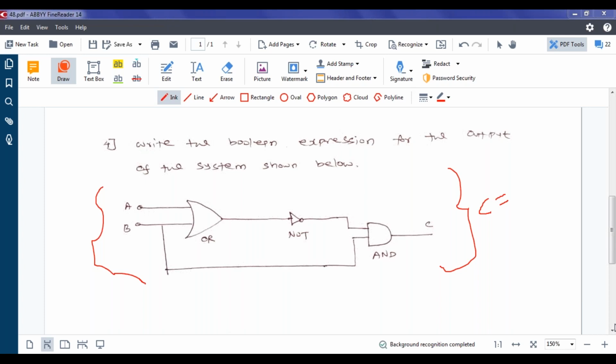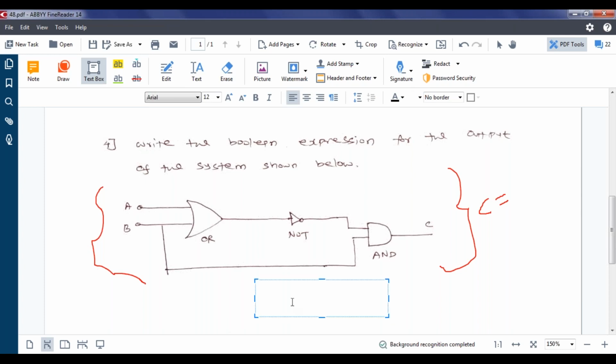Students, A plus B whole bar into B is the correct answer, but the book answer is simplified. If you simplify this you will get the book answer. Any answer? How can we simplify?